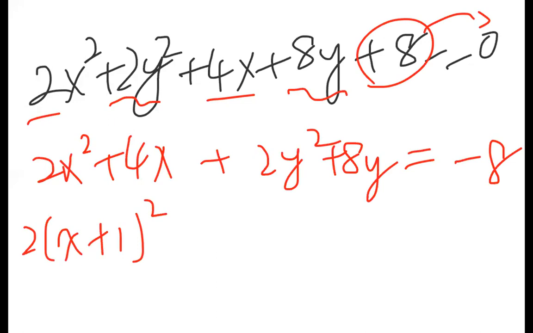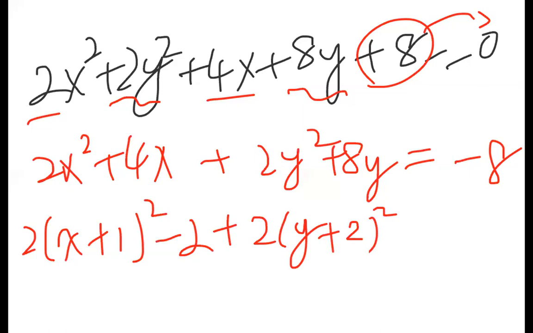To trade off, you have to minus a number, 2. For y, to complete the square, you have plus 2 squared here. To trade off, you have to minus 8.